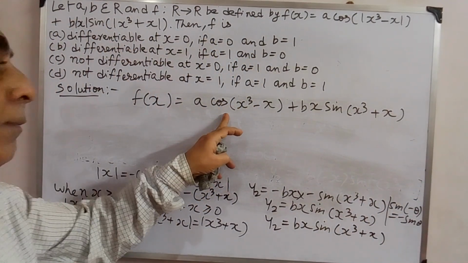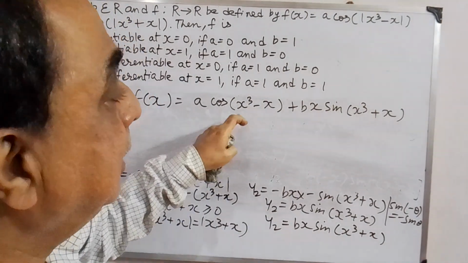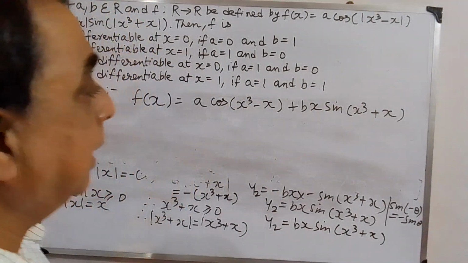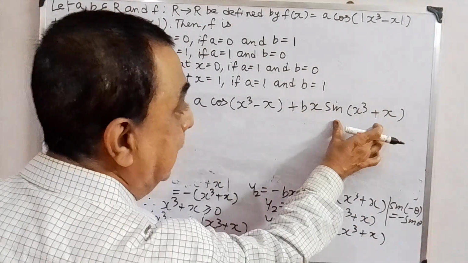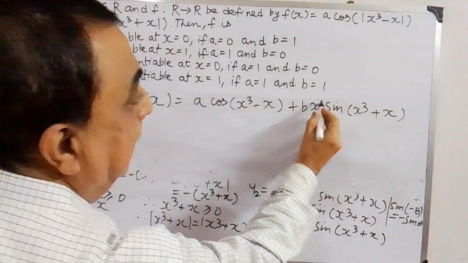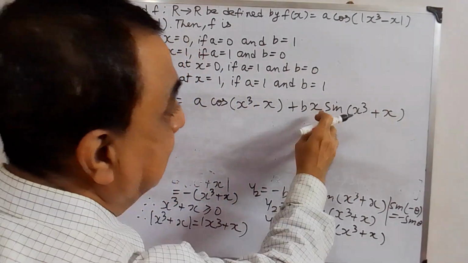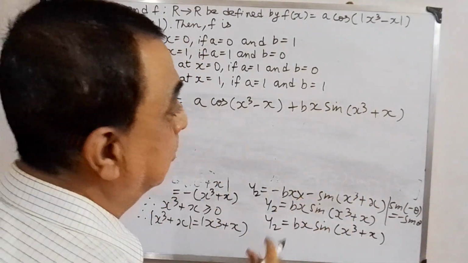And we know that the cos function is continuous and differentiable everywhere. The sine function is continuous and differentiable everywhere, and x is the identity function, which is also continuous and differentiable everywhere, for all real numbers.